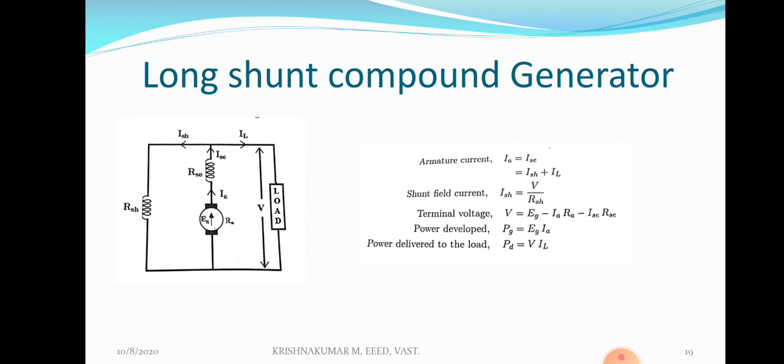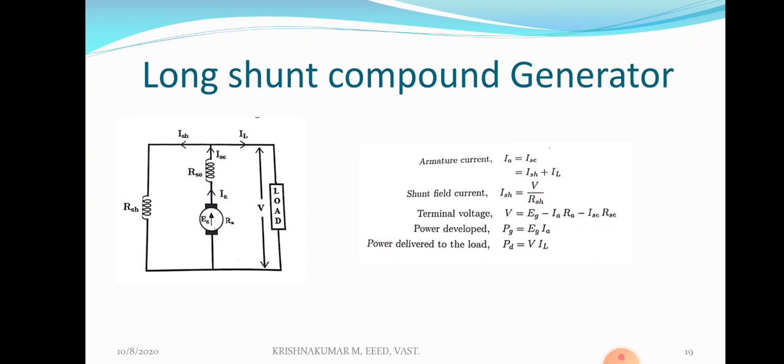The voltage build-up process of a long shunt compound generator is almost the same as that of a shunt generator. Both the shunt field and series field winding can produce a small flux. Due to that residual flux, a generated EMF is created in the armature.